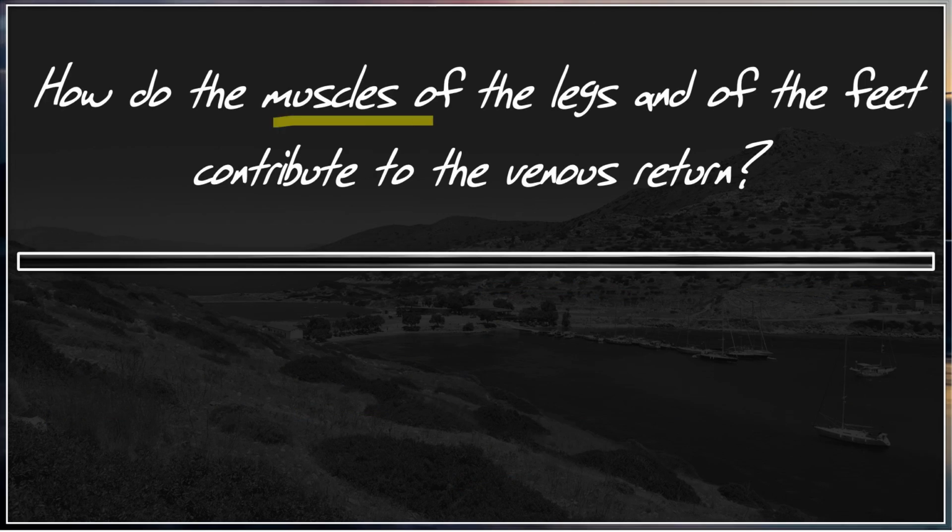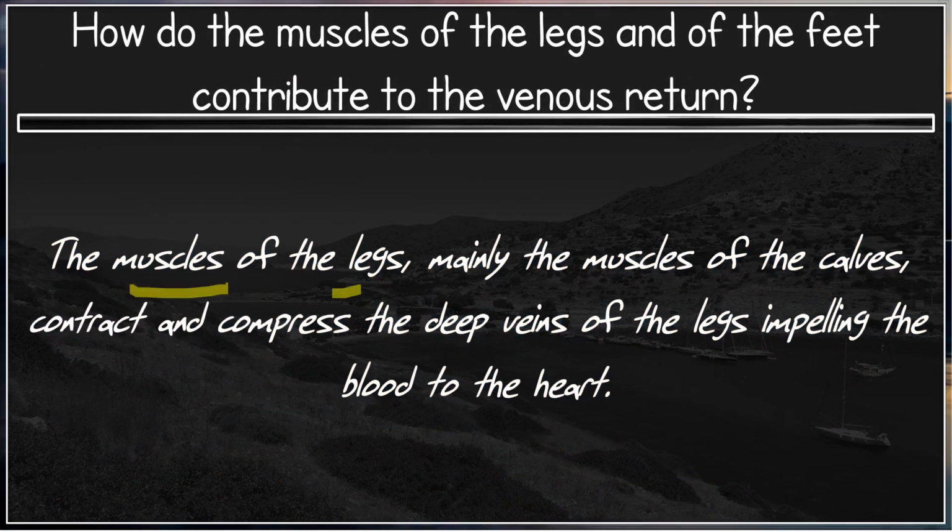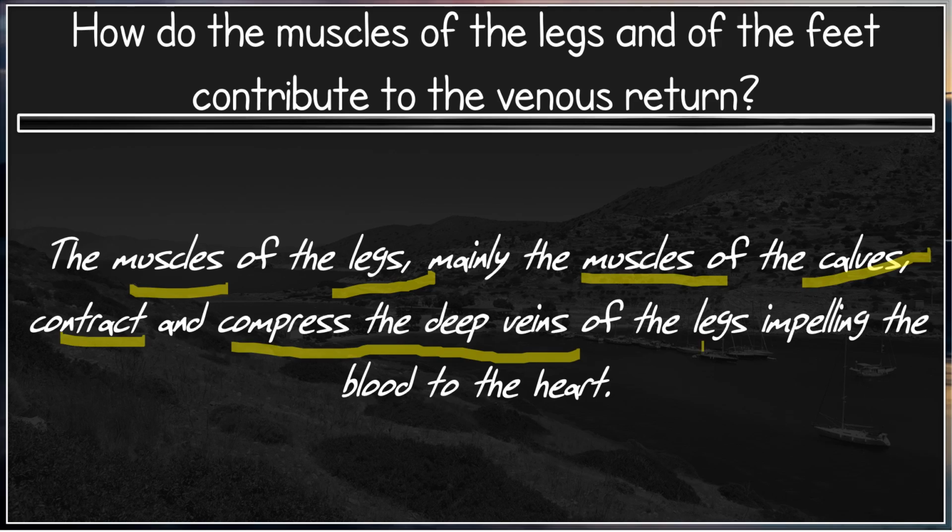How do muscles of the legs and the feet contribute to venous return? The muscles of the legs, mainly the muscles of the calves, contract and compress deep veins of the legs, impelling the blood to the heart.